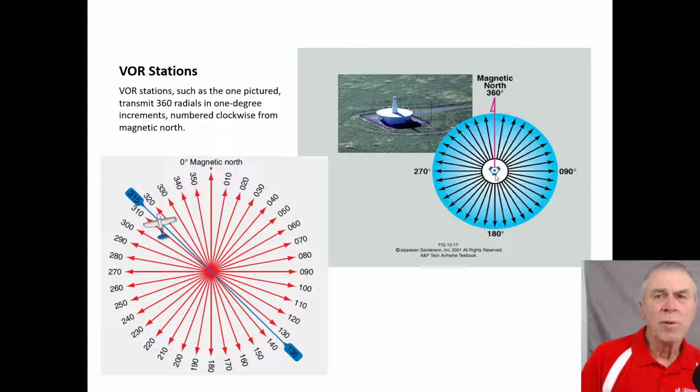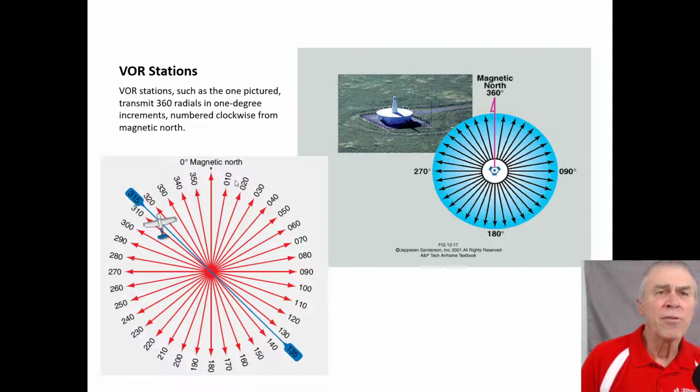This tells us a little bit more. You can in effect see that it is sending the signal out in a number of transmissions. A VOR station, such as the one pictured, transmits 360 radials in 1 degree increments.